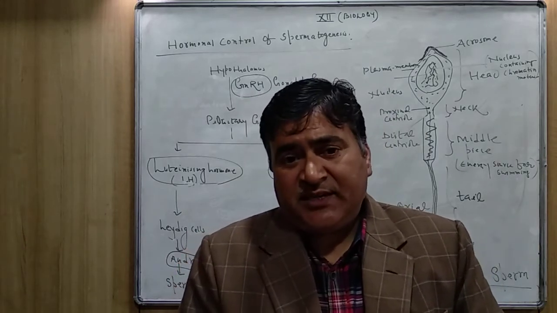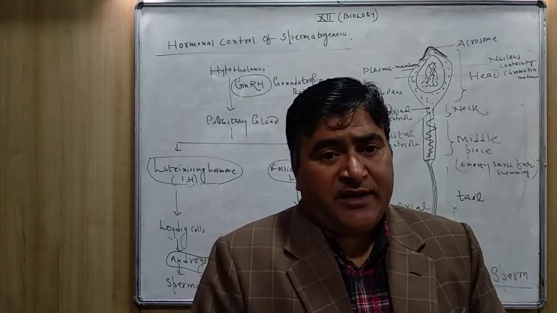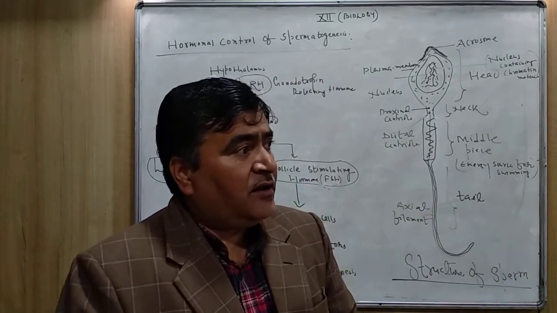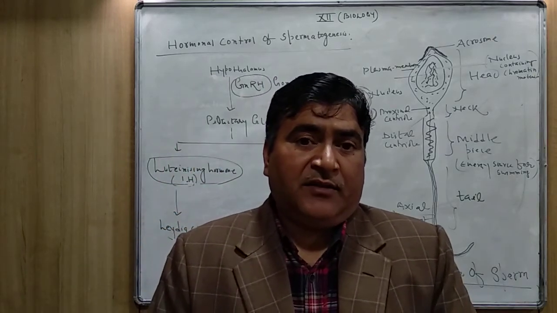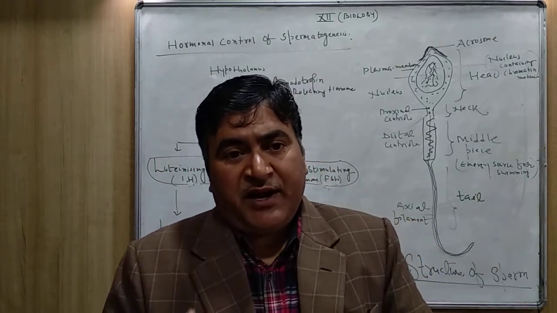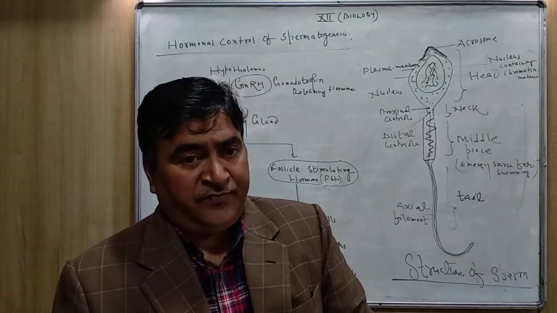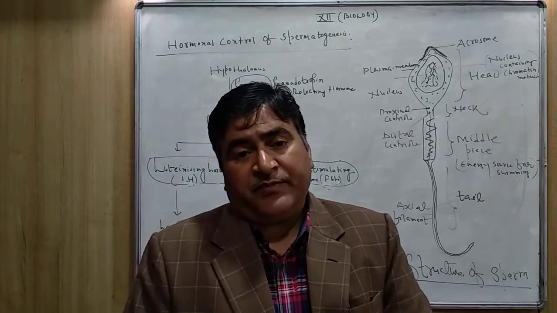It is made up of a single cell. It is unicellular in nature, and the ploidy of this cell is haploid. The gametes are always haploid, whether it is sperm or ovum.